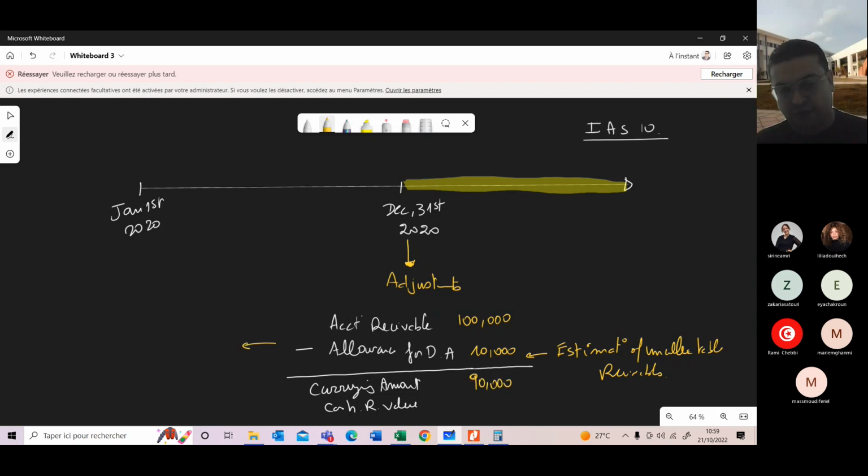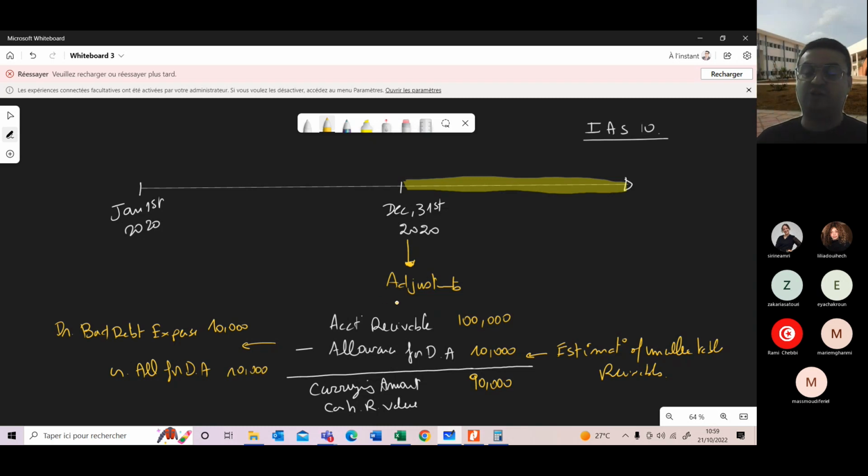The problem is that you have to go to the journal and make some adjustments. How? You debit an expense, which is called the bad debt expense. Am I clear? And you credit what? Allowance for doubtful accounts. But you put the 10,000. Make sense? And you prepare financial statements.